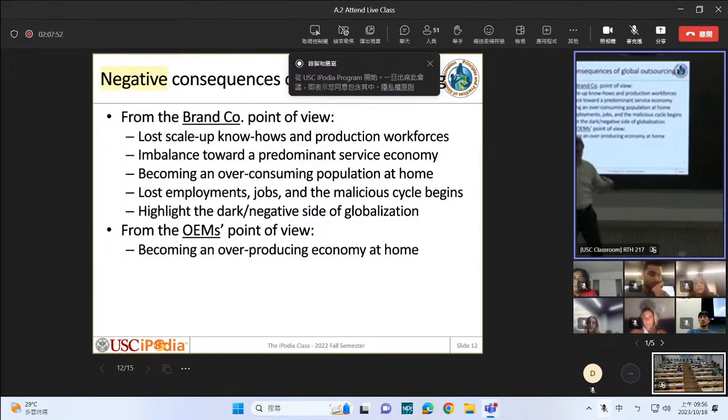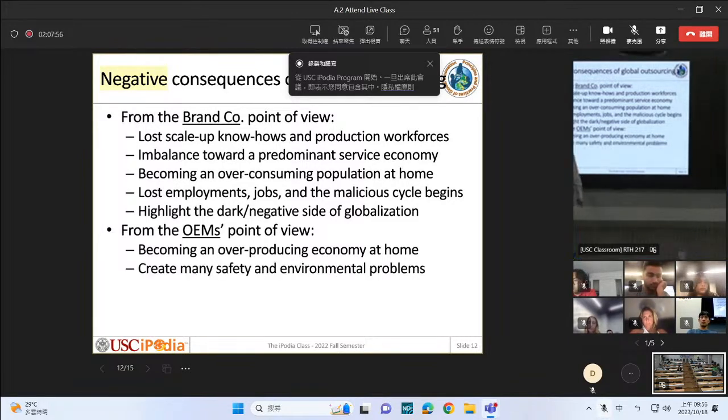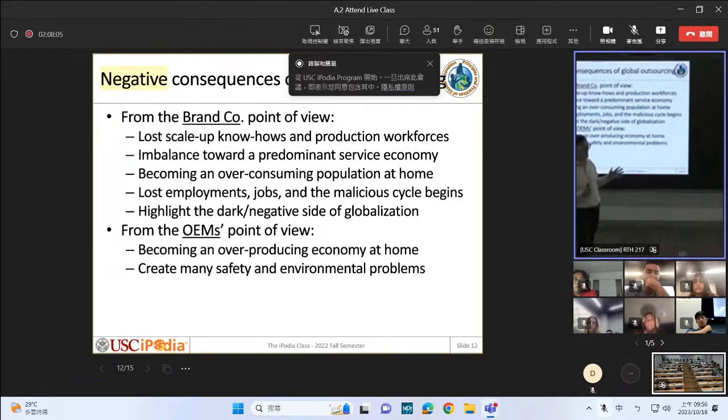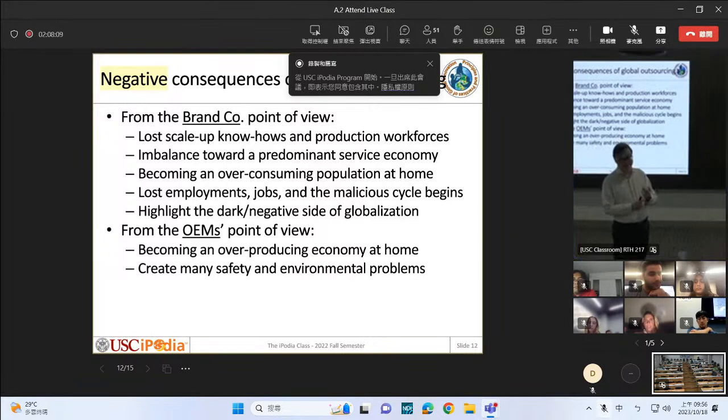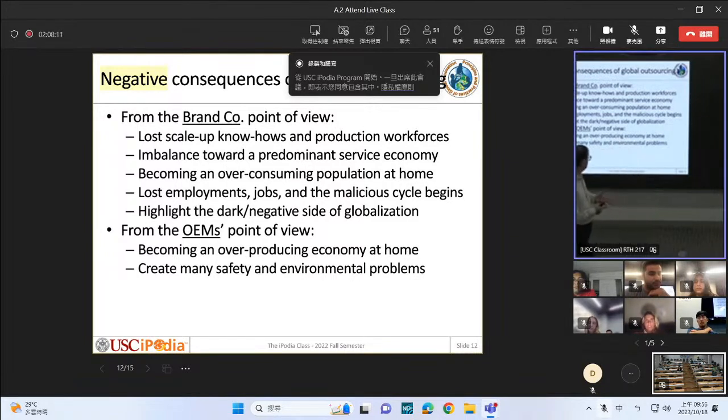So people just keep producing things without spending the money. That's not a good thing. And this is another thing, because if you keep pushing down the cost, something has to give away. Often the give away is the product safety, worker safety, right? And environmental concern. So you'll see the factory become very polluted, right? The air become very bad.